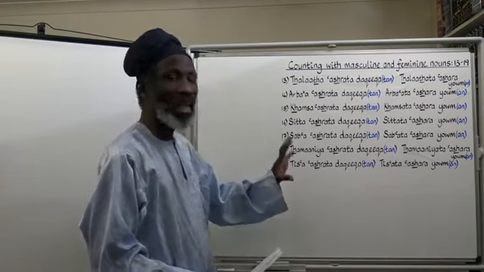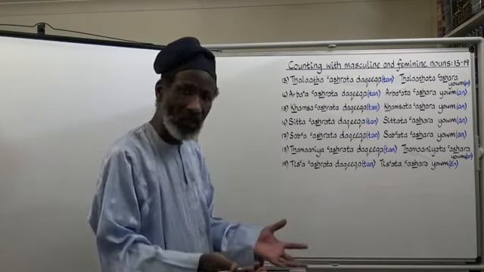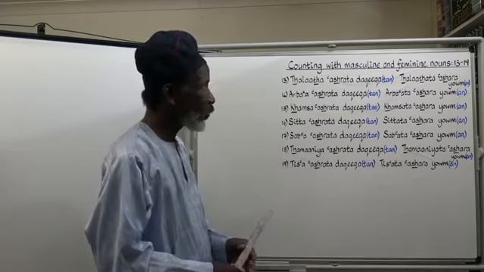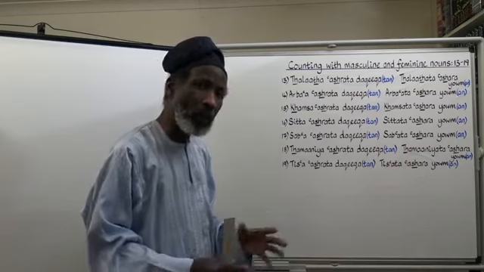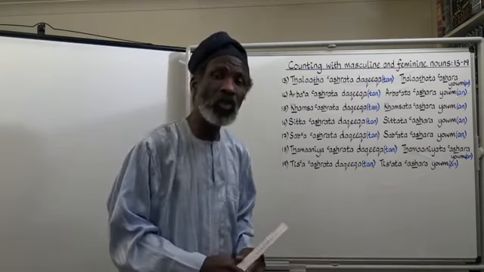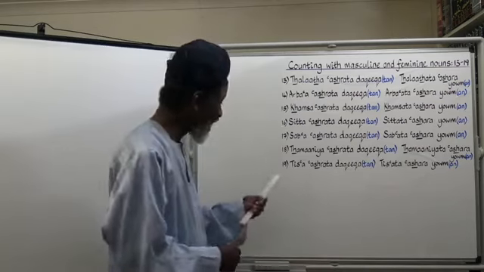So this is in line with the rules that have been established previously. I hope you'll be able to revise that and put your numbers together from number 1 to number 19.